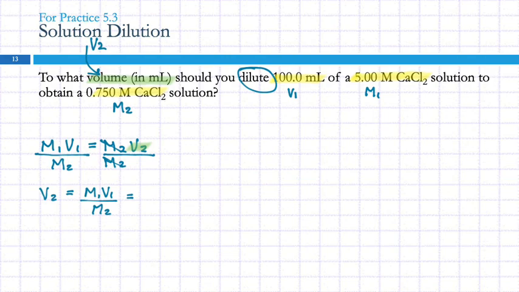So M1 was 5 molar. So 5.00, and that capital M means moles per liter. And this volume is 100 milliliters.